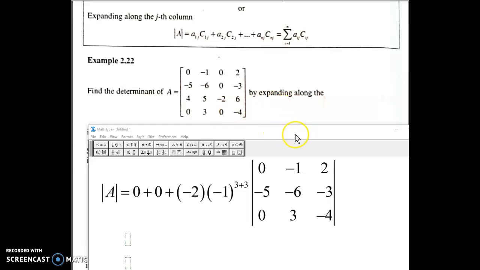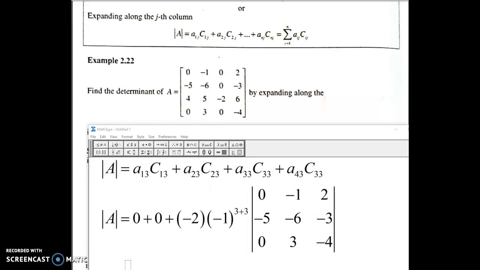The formula will be A13 C13 plus A23 C23 plus A33 C33 plus A43 C43.